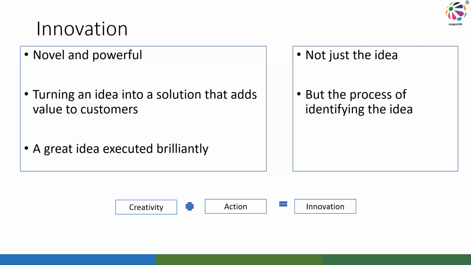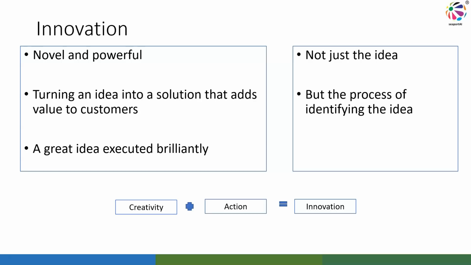So, what is innovation? What are the components of innovation, if you ask? One thing is creativity. You tap into the creative aspect of the organization, of human beings, and more importantly, the action. You need to implement the creativity, because organizations exist to satisfy the needs of the customer, and the customers want value.